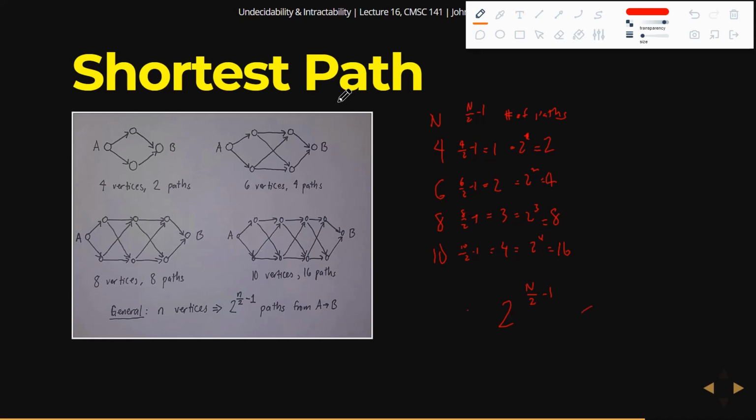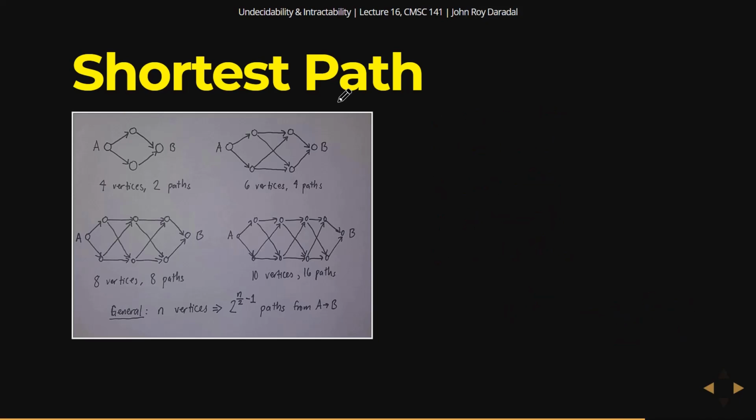But this is still exponential, right? So there's an exponential number of solutions for the shortest path problem, because there's an exponential number of paths. So if you check each one to find the shortest one, then yeah, you can find the shortest path.